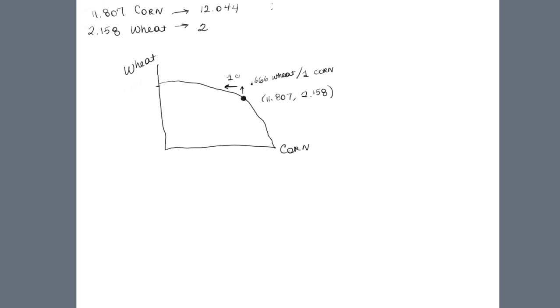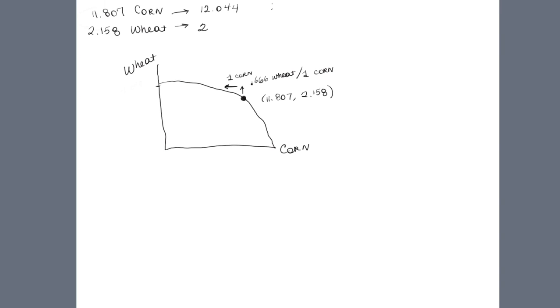So what we want to say is, okay, let's look at our circumstance. We have gone from 11.807 billion bushels of corn to 12.044 billion bushels of corn, and we want to say, have we lost the appropriate amount of wheat?